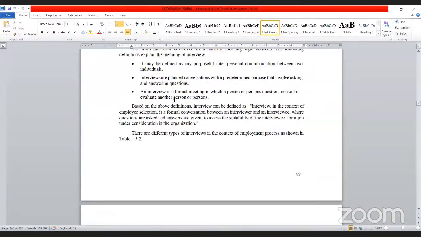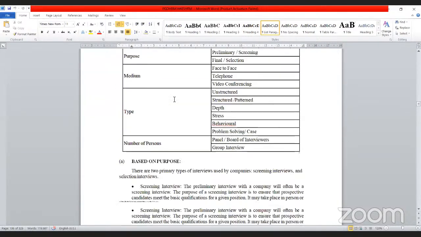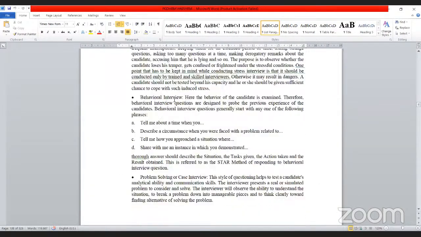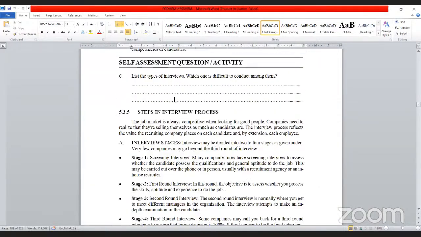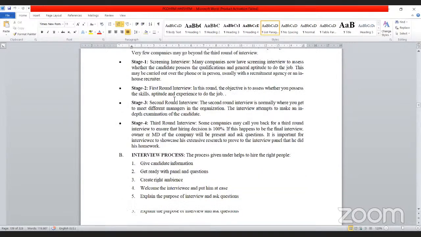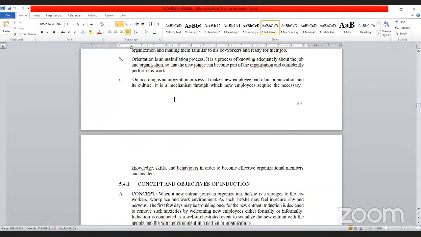Then there is the personality test, with projective tests and all that. In these interview processes, the candidate is screened and interviewed, with round one, round two, and round three of interviews.